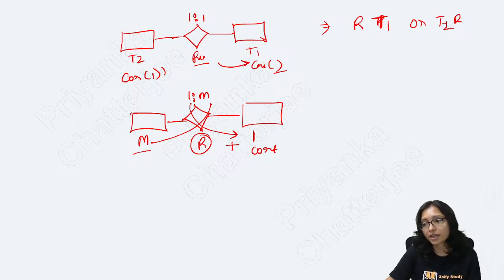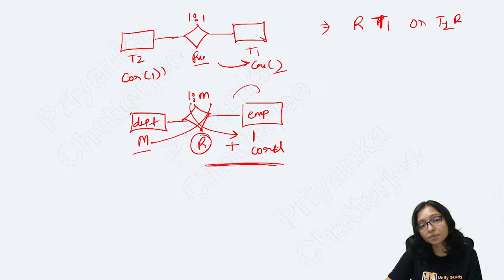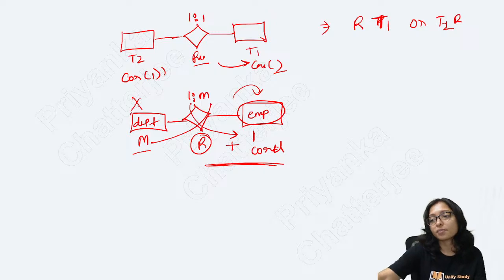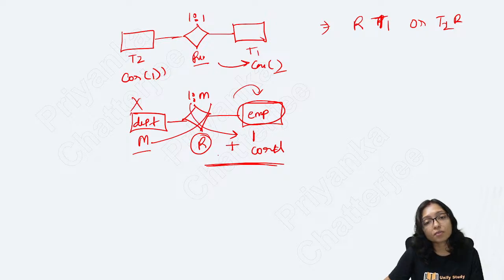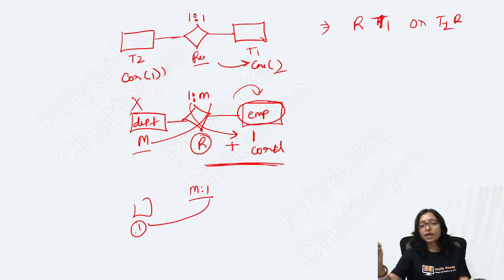So if this is my employee table and this is my department table and this is the relation, the relationship can be added with the employee table only, not with the department table. Don't make the mistake here. For many to one also it is the same thing: with the cardinality one part only you can add the relationship, otherwise not.